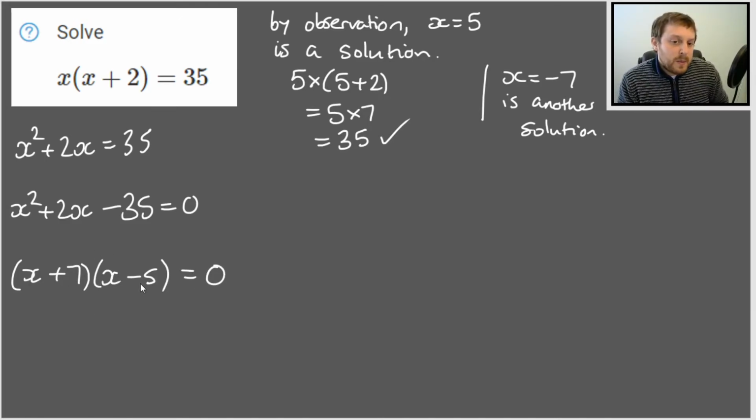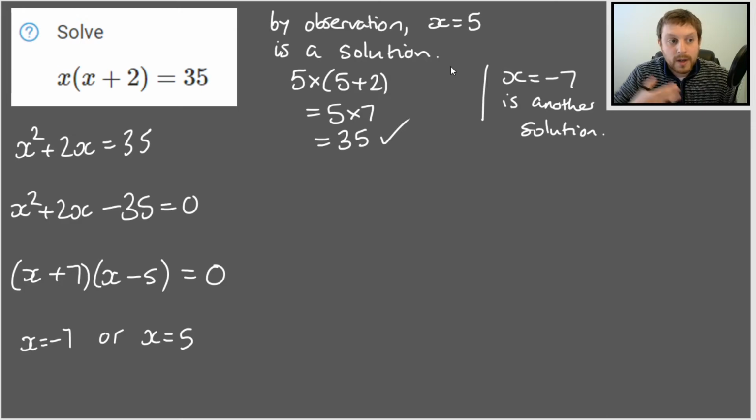See, because 7 times minus 5 is minus 35, and 7 add minus 5 is positive 2. So this means that either x is minus 7 or x is 5, but of course these are the answers that we observed. We could guess those answers, right? But it's good to see that we actually get the same answers if we apply the proper method, okay? So minus 7 and 5 is what we're going to type in.